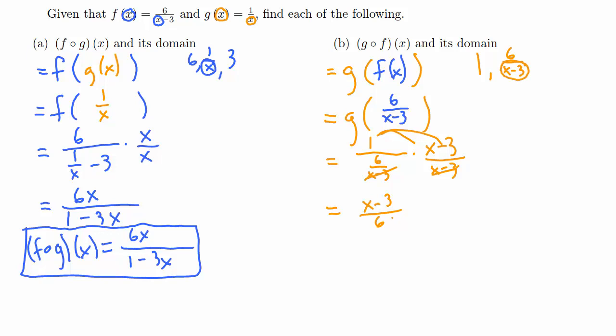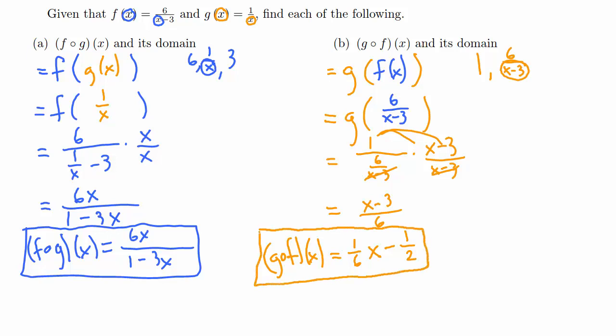Most people are going to leave it this way, but I want you to realize that you can actually write this as 1/6 x minus 3 over 6, which simplifies to 1/2, which means that g composed of f of x is 1/6 x minus 1/2.